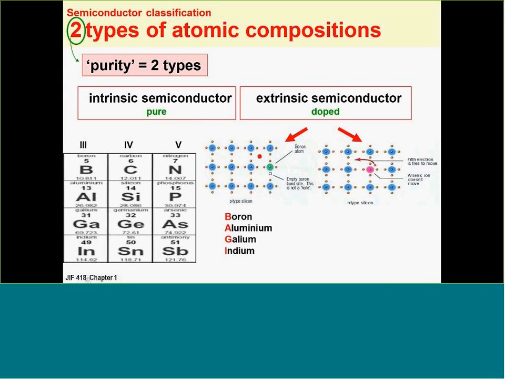Doping means it must replace your silicon atom. See, this is the silicon atom, but now the boron is at the lattice site of your silicon atom. It replaces it. But if it is interstitial like this, then this is not doping.